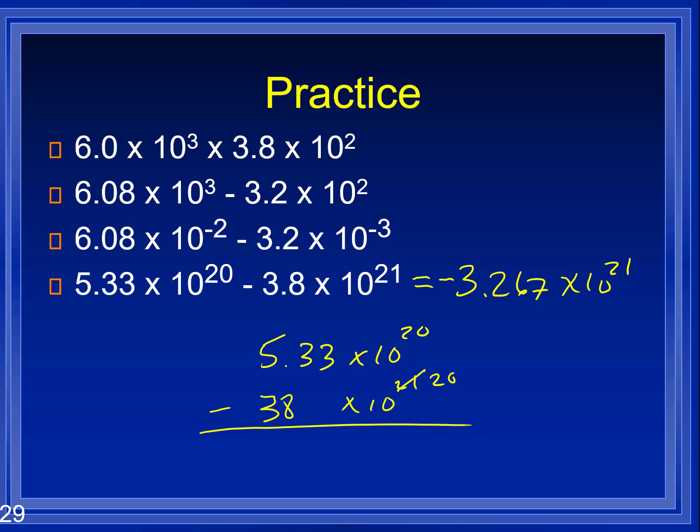And 5.33 minus 38 is negative 32.67 times 10 to the 20th. And I needed to do that so I could round off in the right place. The right place is where the 2 is at.